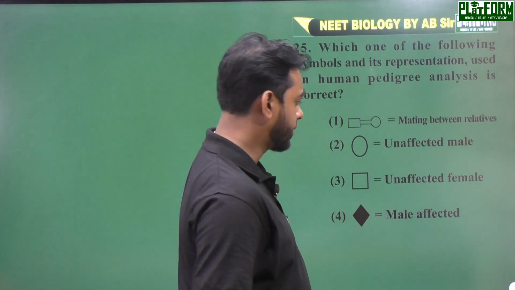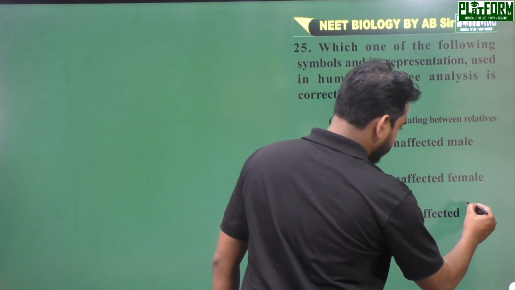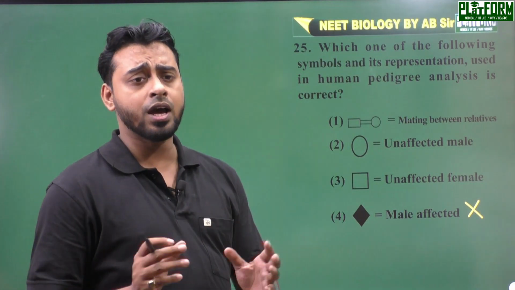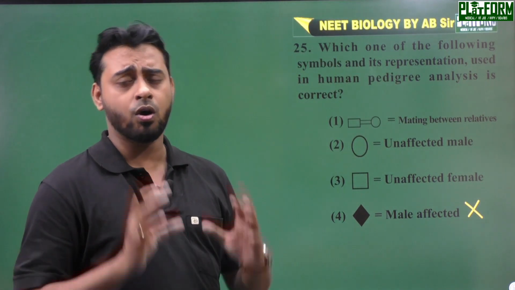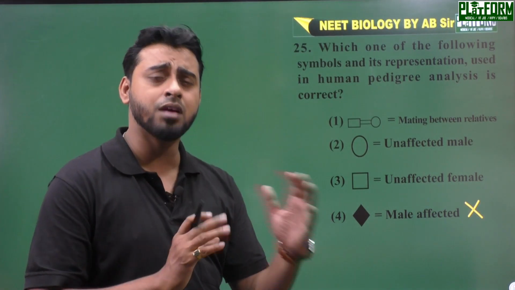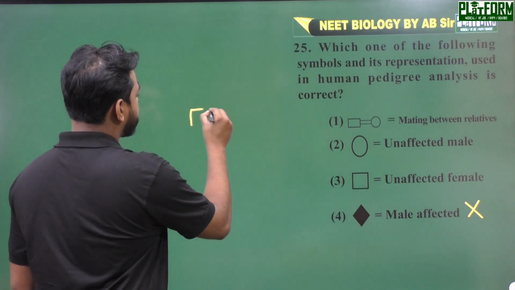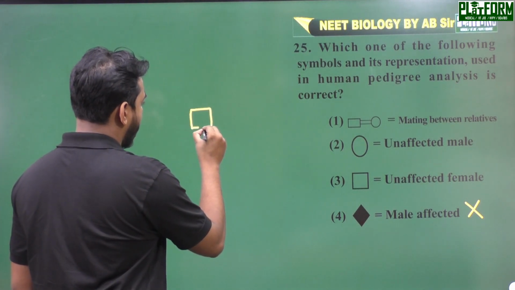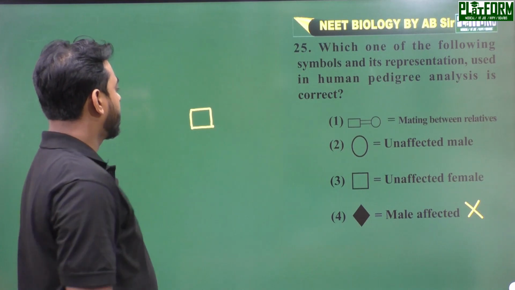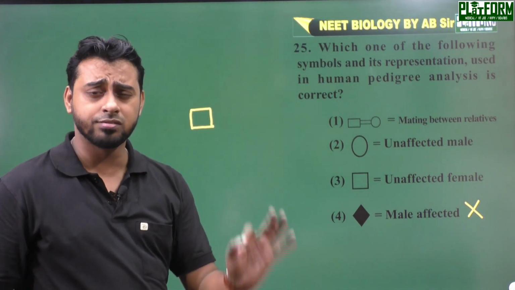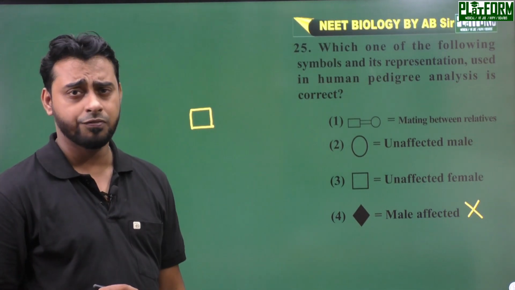Male affected. So this is not the correct answer, because when we are analyzing a pedigree or constructing a pedigree, the male is denoted as a square. The square represents the male. Fine.